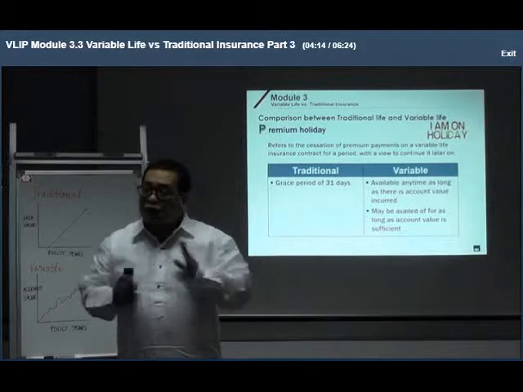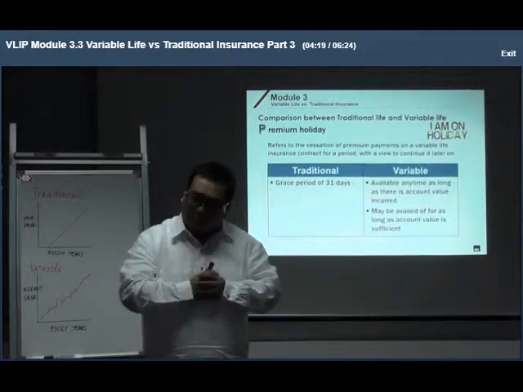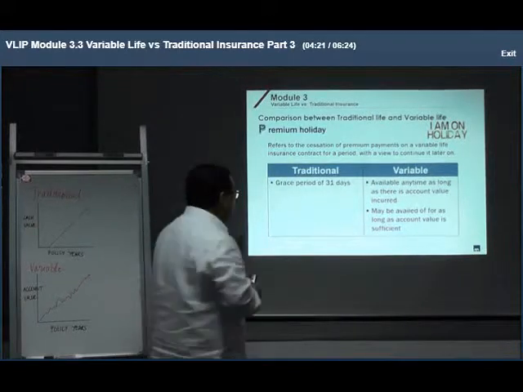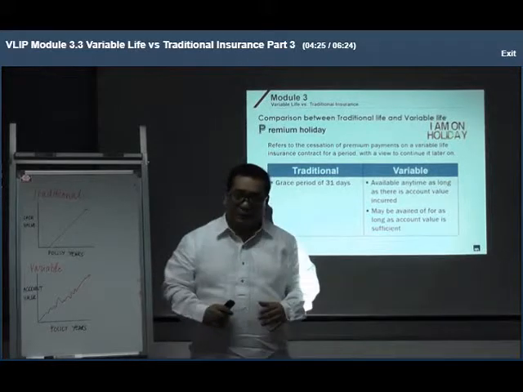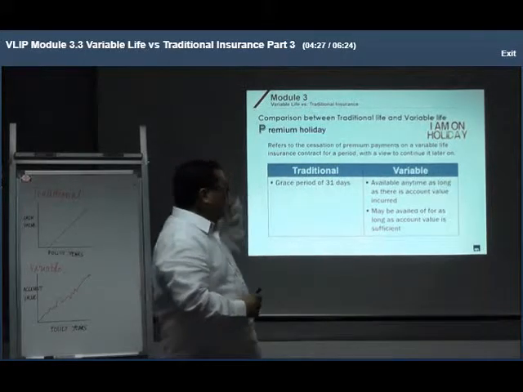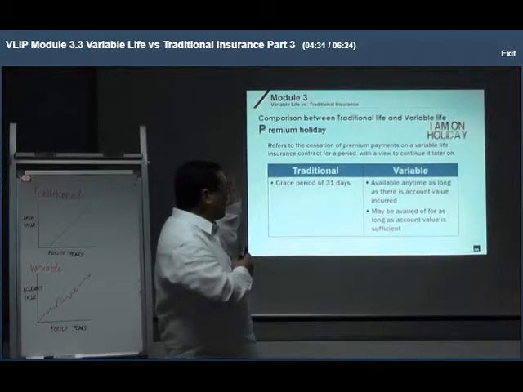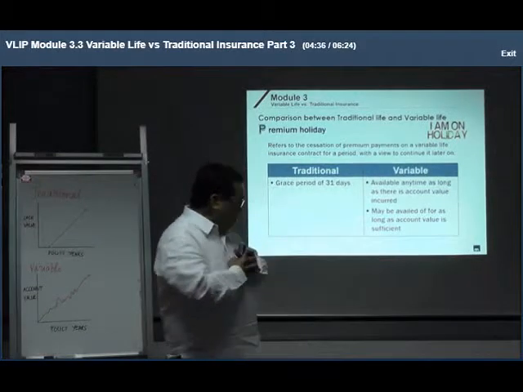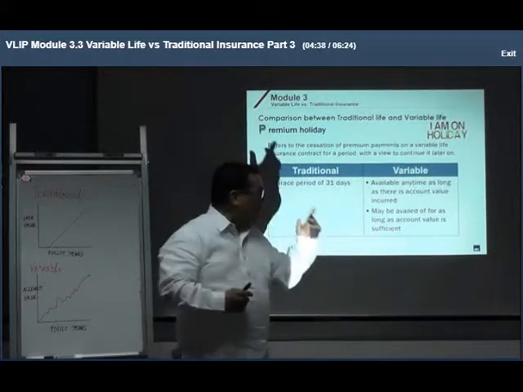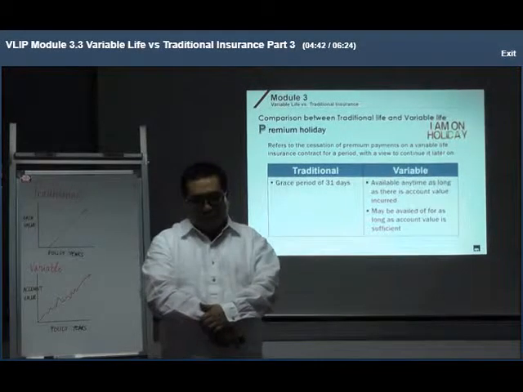So, in a traditional life insurance policy, what happens if you fail to pay the premium on the due date? It automatically falls into a period of grace, usually 30-31 days. And if it is a variable, the option for premium holiday is there as long as there is account value, as long as the account value is sufficient to pay for the premiums.